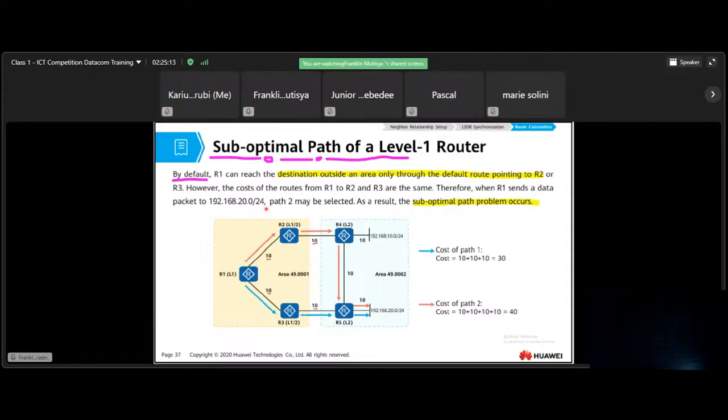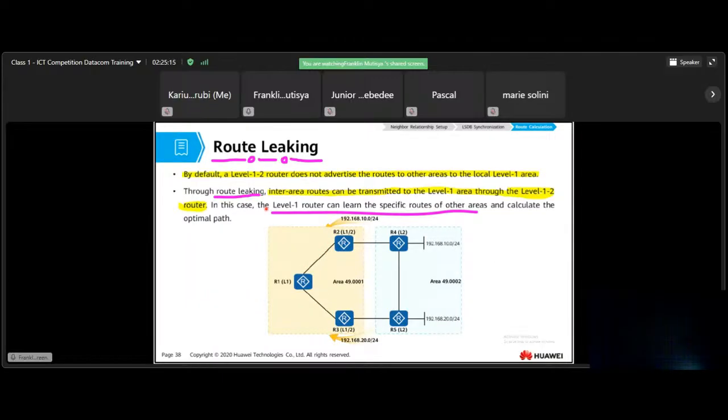Okay. Let's just look at another concept which is found in ISIS, and that is route leaking. Before we get to it, I'll give a scenario.